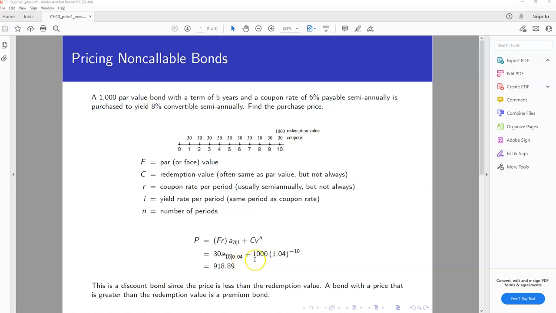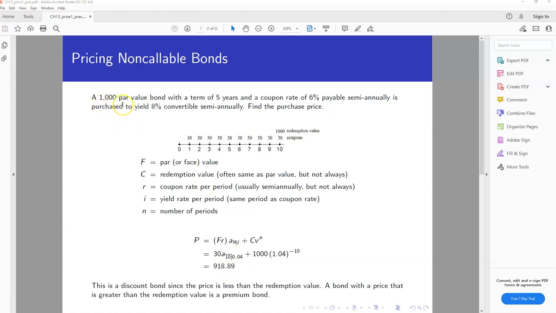And then we've got a redemption value of 1,000, that lump sum, that I've got to move back 10 periods, again at a yield rate of 4% per period, or 8% convertible semi-annually. If we compute this, we get $918.89.